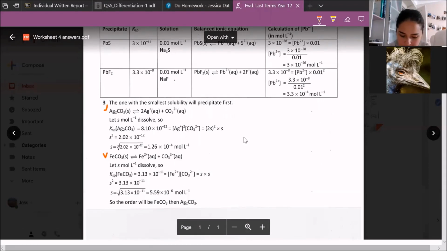You've been given the KSP values, which I can see on the screen, which was good. And using this data, determine in which order the ionic solids will precipitate if the water is allowed to evaporate.